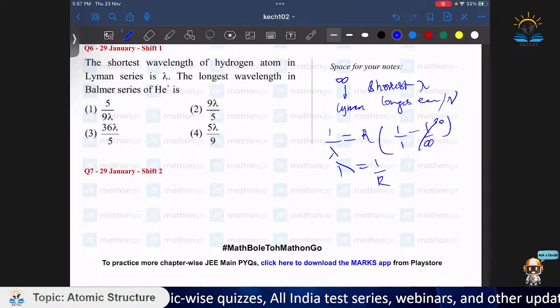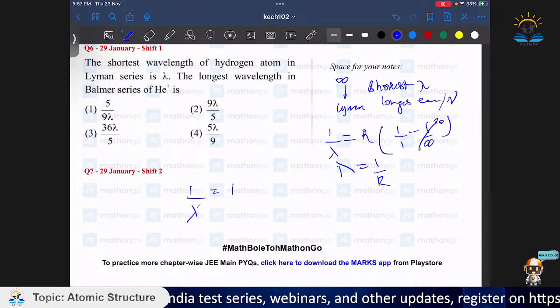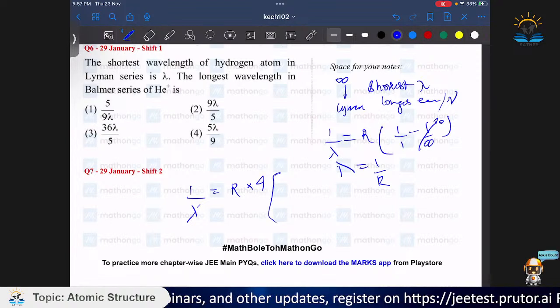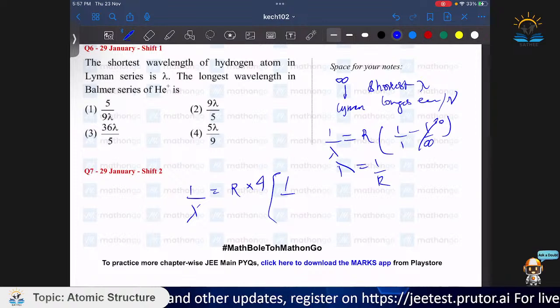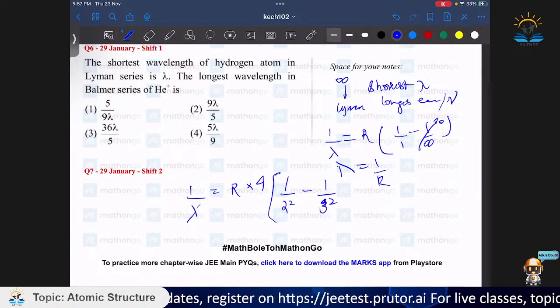Next, they are asking us longest Balmer series of helium. So for helium, 1 by lambda dash will be R Z square. For helium, Z will be 2, so Z square will be 4. So R Z square into 1 by 2 square minus 1 by 3 square, because it is Balmer, so 2 square, and it is the longest wavelength, so 3 square.